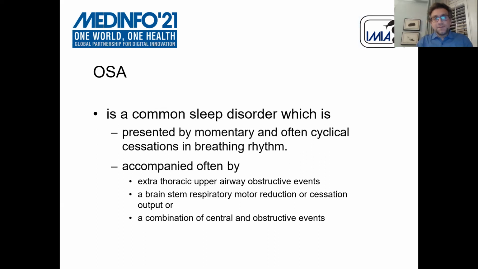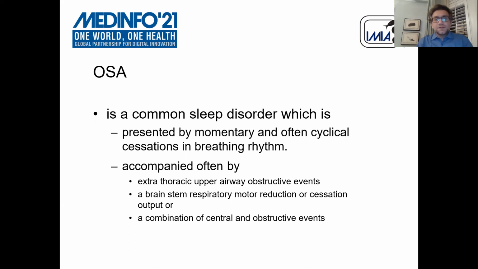OSA means obstructive sleep apnea. It's a common sleep disorder which can be presented by momentary and cyclical interruption in breathing rate.